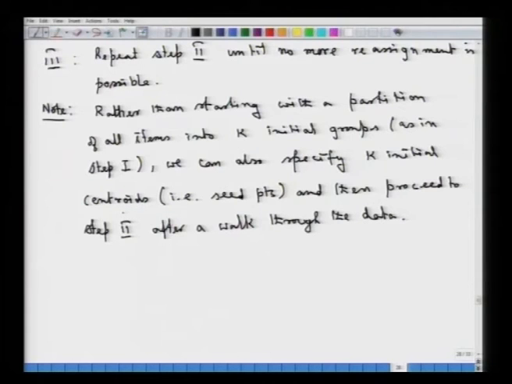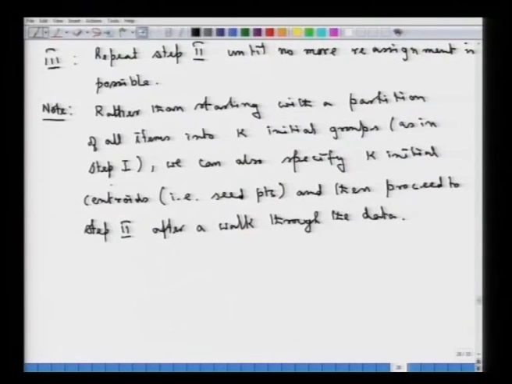If a particular case is nearest to a particular randomly initialized seed point, that point will be associated with that centroid, and we will have a cluster around that seed point, wherein the case which is closest to that particular centroid belongs to it.